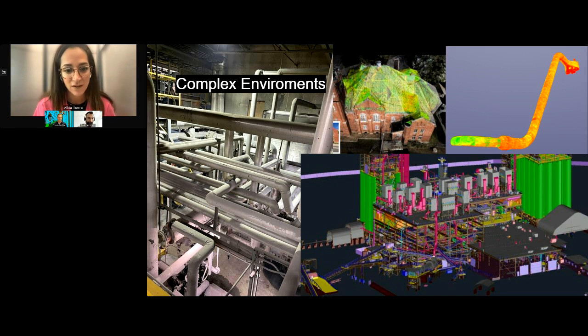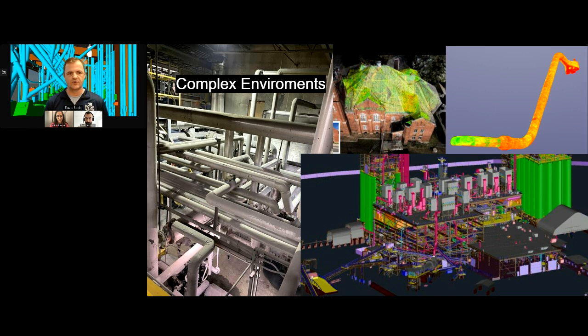Yeah, so if you're doing really tight or complex environments, dark areas for sure, like if you don't have the lighting, or areas like the draft tube shown in the picture, where you can't really send a drone or a camera in because it's dark, tight, awkward spaces.